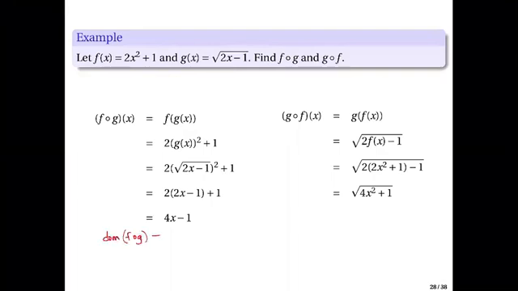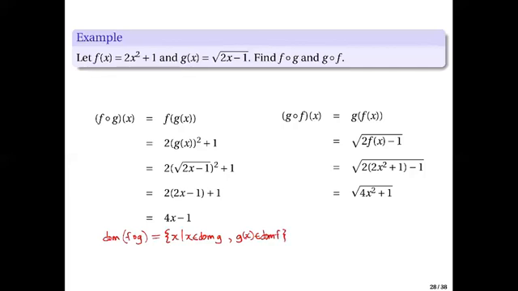So again, this is the set of all x such that your x must be in the domain of g, okay? And that your g of x must be in the domain of f.